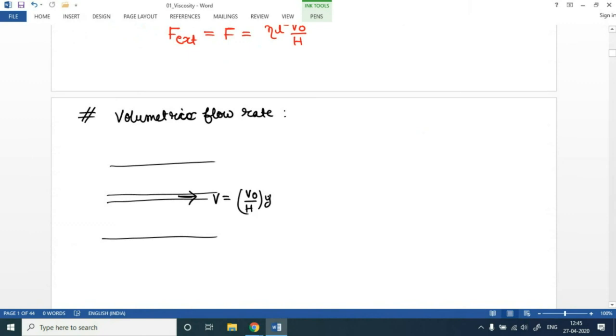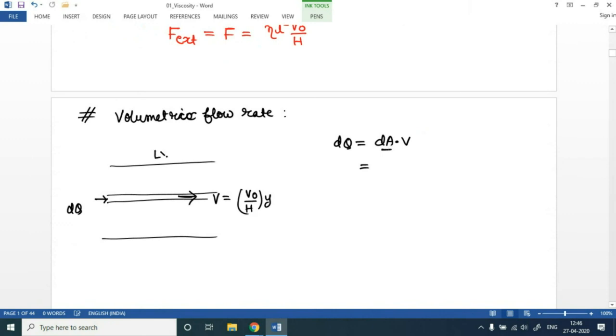And so what would be the volumetric flow rate dq through this cross section? This dq will be equal to the cross sectional area of this part dA into this V. So what would be the cross sectional area of this?